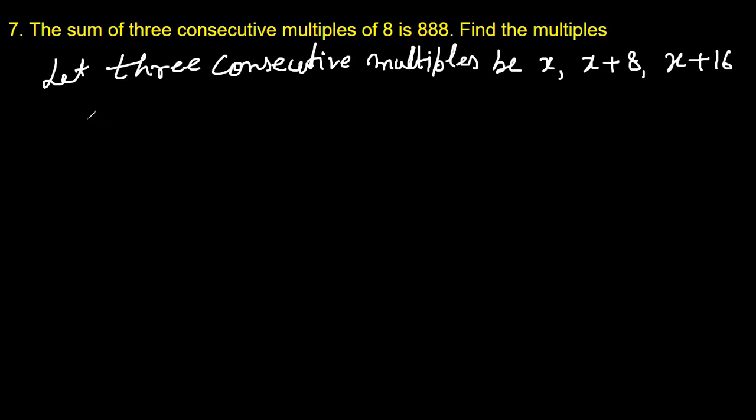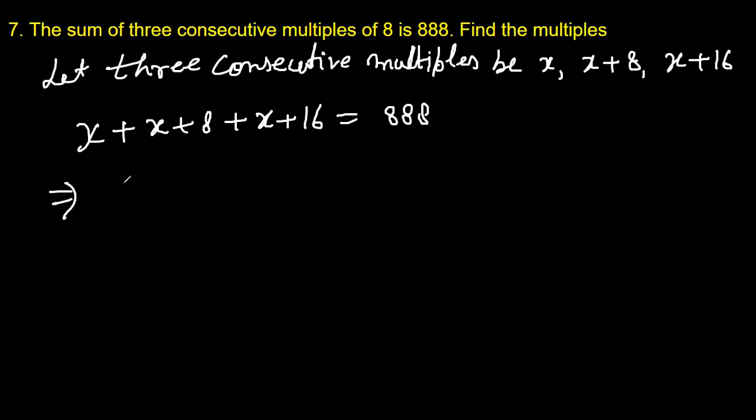And now this question is very, very easy. You can simply write x plus x plus 8 plus x plus 16 is going to be 888. That means 3x, and 8 and 16 is 24, is equal to 888.